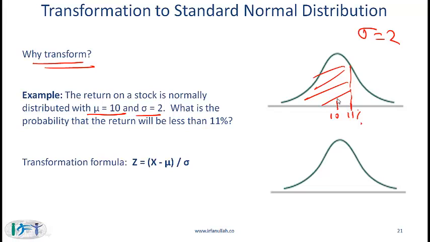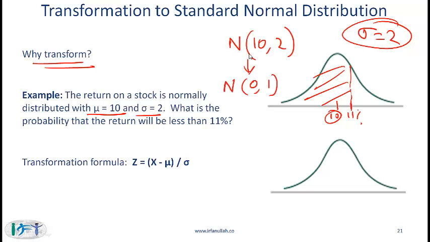Now, unfortunately, we do not have a normal distribution table for every single mean and standard deviation. So what we need to do is transform this particular normal distribution.